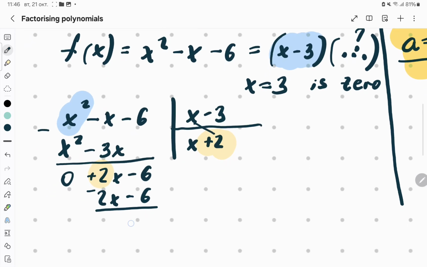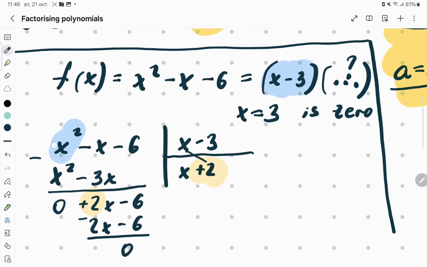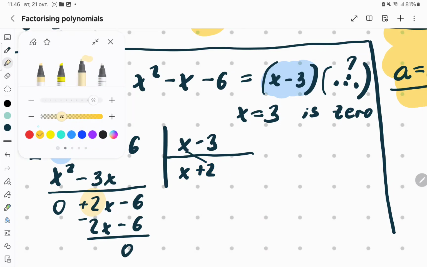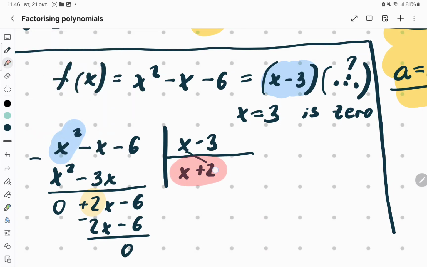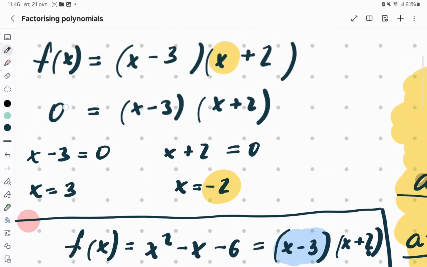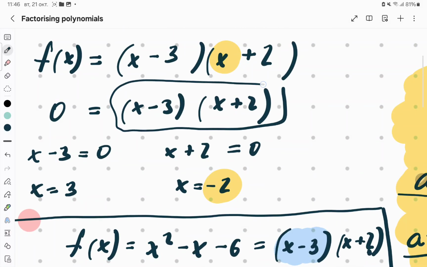After subtraction you will see that it is 0. What does this mean? It means that our obtained expression is x plus 2. So that's how long division works. And now let's have a look at the factors. It's actually the same factors.